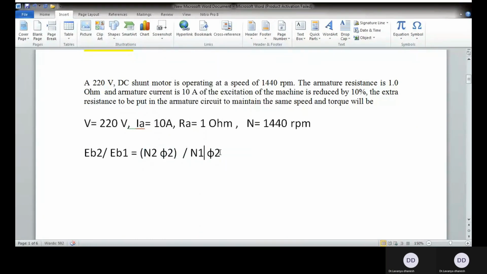You should be thorough, so whenever necessary you just substitute into these equations. So this is the EB to EB1 ratio.